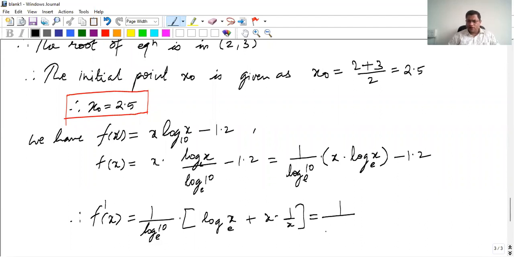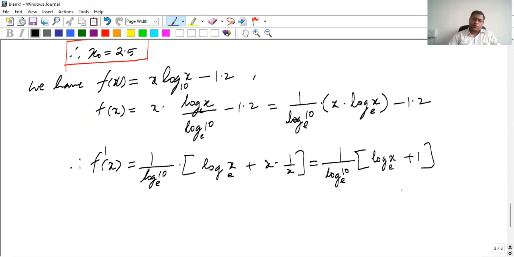Okay, so we got here 1 upon log of 10 to the base e, and here you got log of x to the base e plus 1.